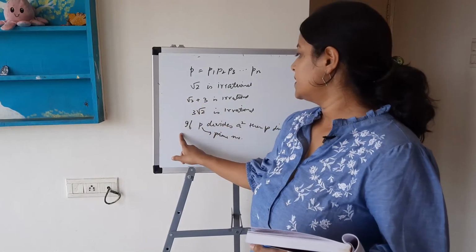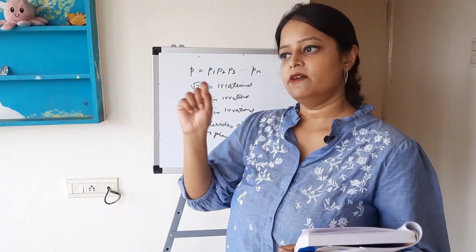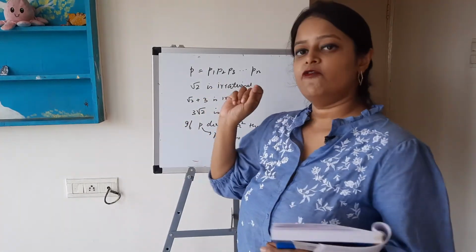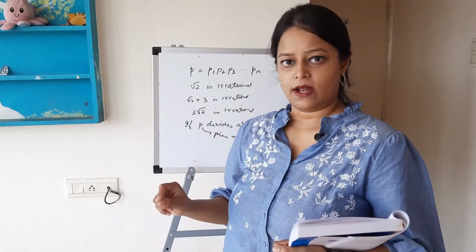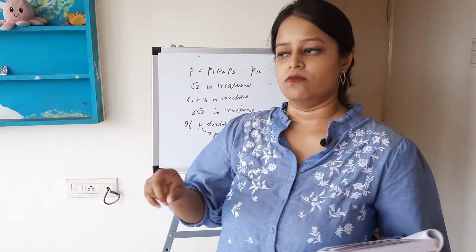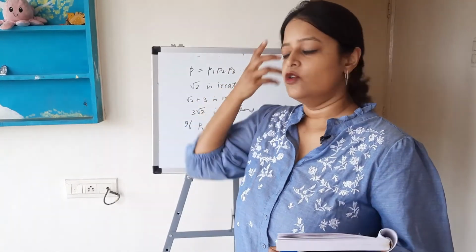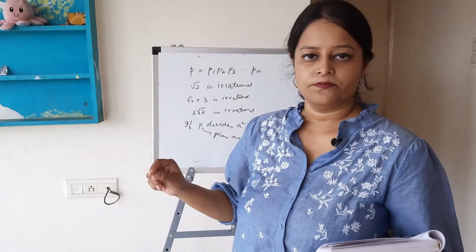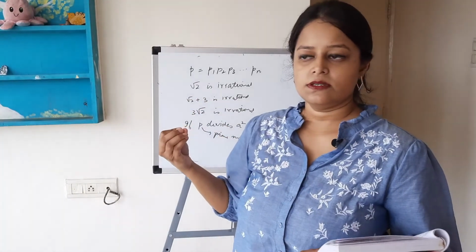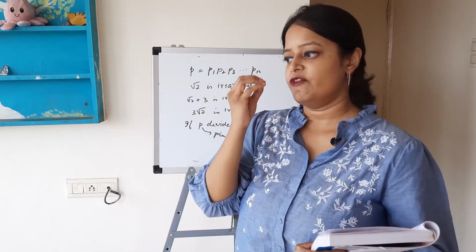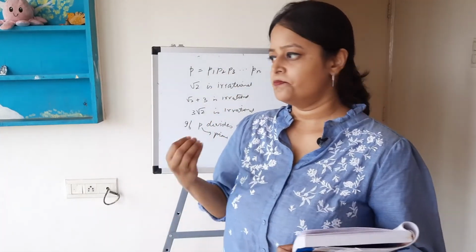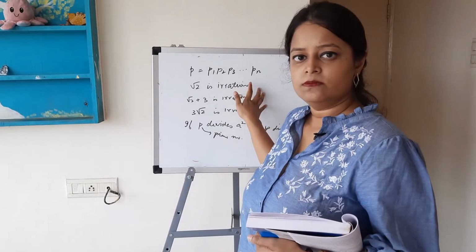The second concept we learned was: if P, a prime number, divides A square, then it follows that P divides A as well, right? We used this to prove that root 2 is an irrational number. Following this, we also proved that if an irrational number is subtracted from or added to another number, it remains irrational.